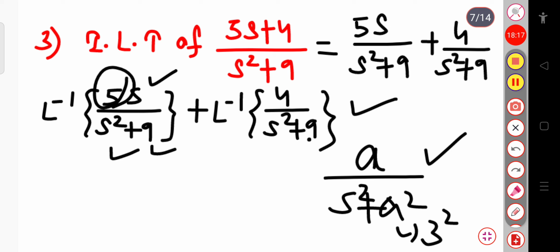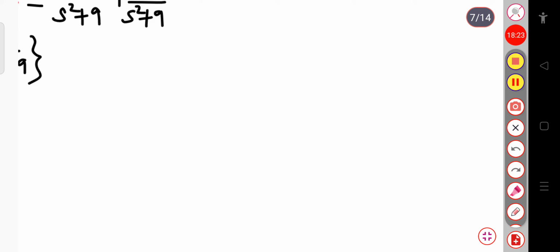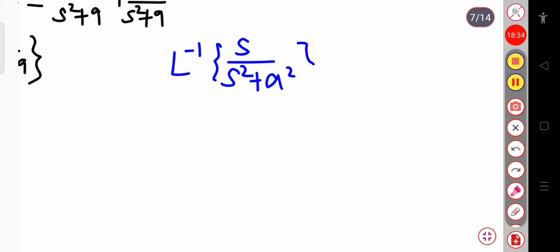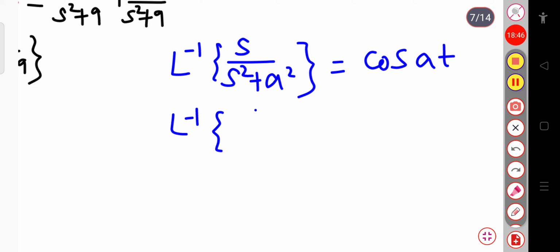Let me write it here first. The Laplace inverse of s divided by s square plus a square is nothing but cos at, and the Laplace inverse of a divided by s square plus a square is equal to sin at.